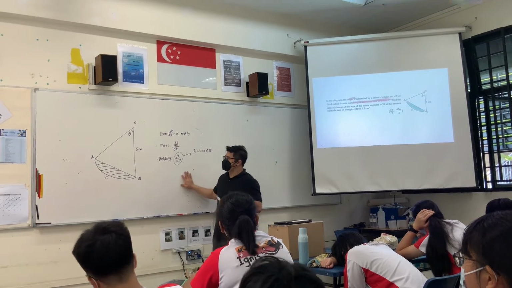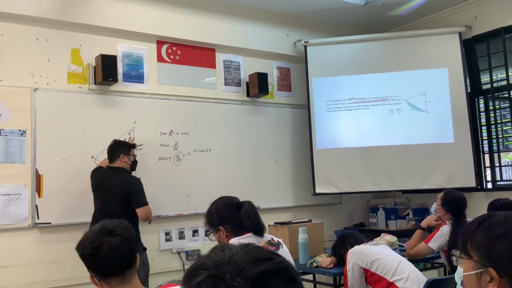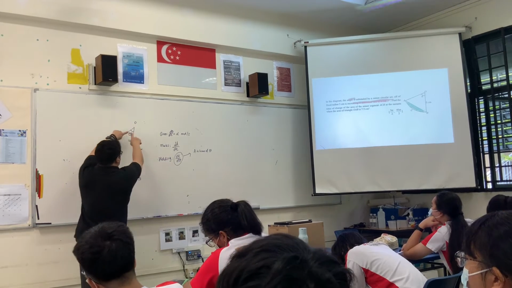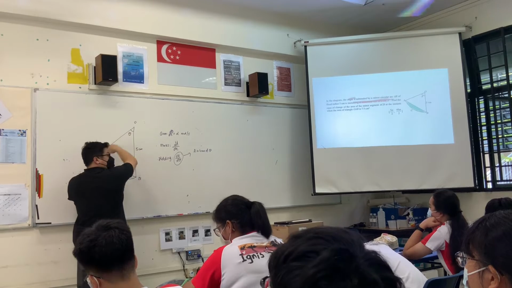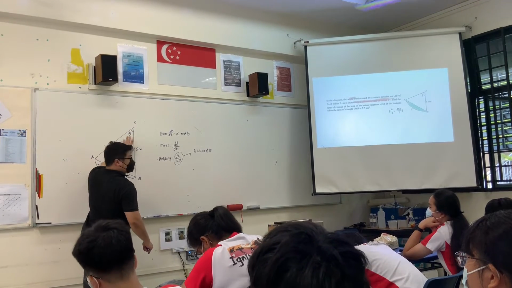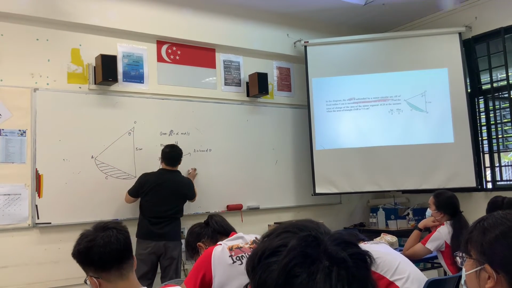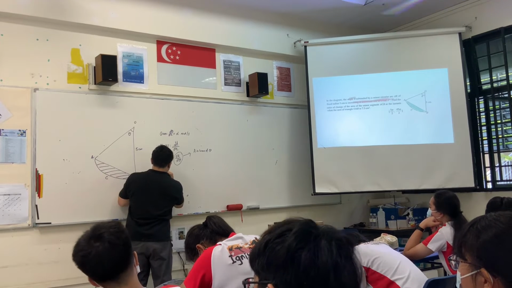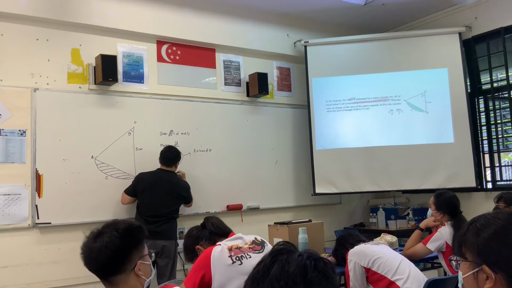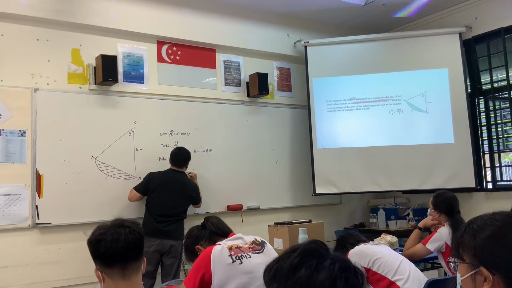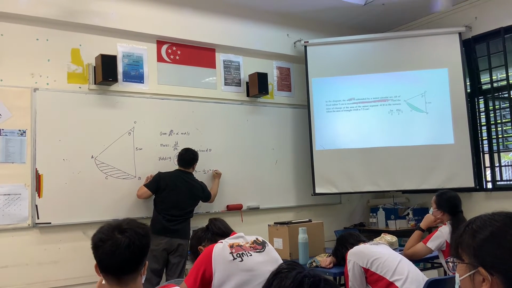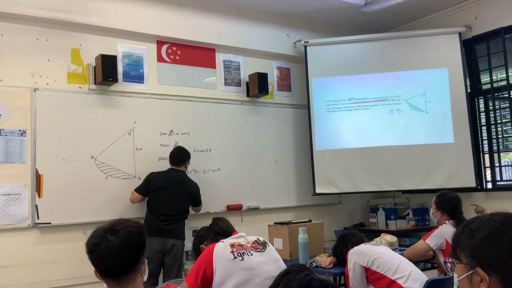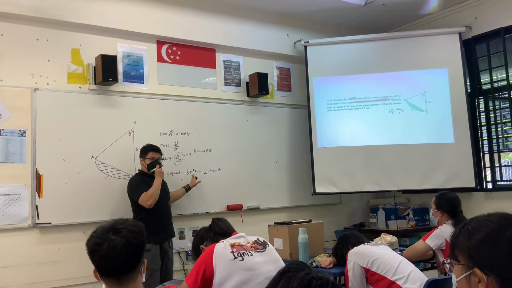What is my A? Area of segment. Area of segment, in case you don't know, is half r squared theta, this is the sector, minus the triangle, half AB sine C. So the area of the segment by right is half r squared theta minus half AB sine C. Are you okay with this?